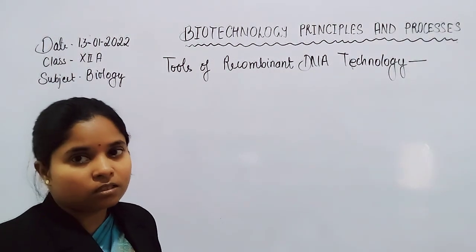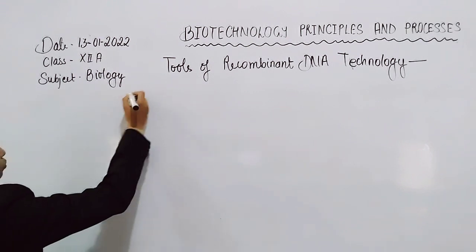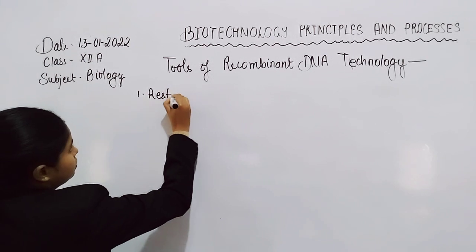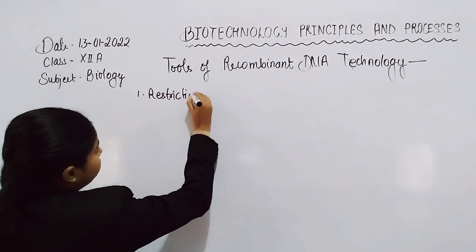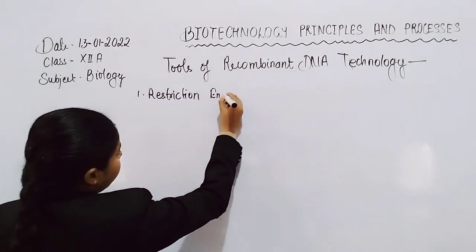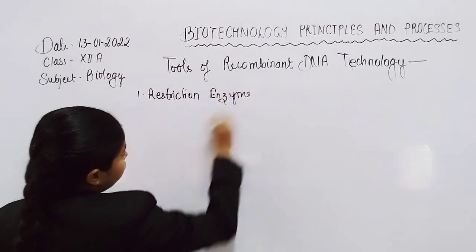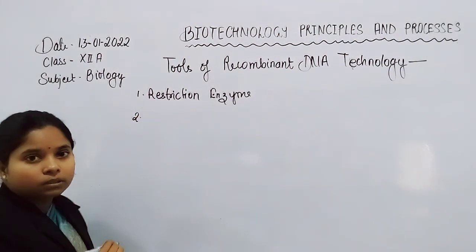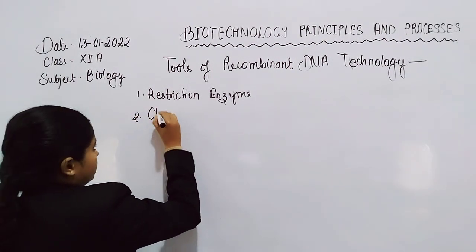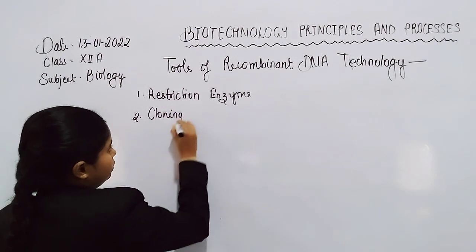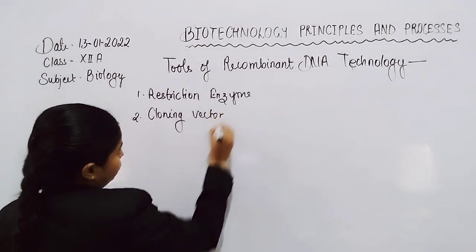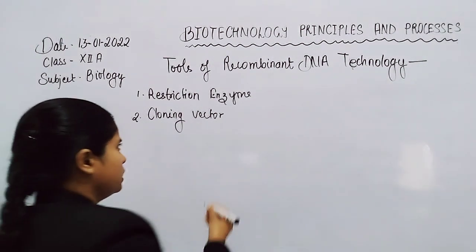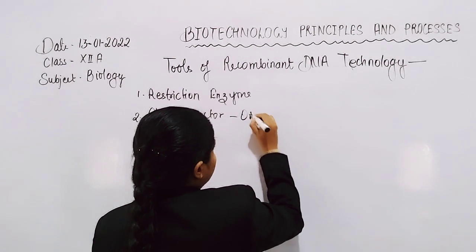So first we list the tools we generally use. First is the restriction enzyme. Second is the cloning vector. In the cloning vector, we are discussing the origin of replication, ORI.